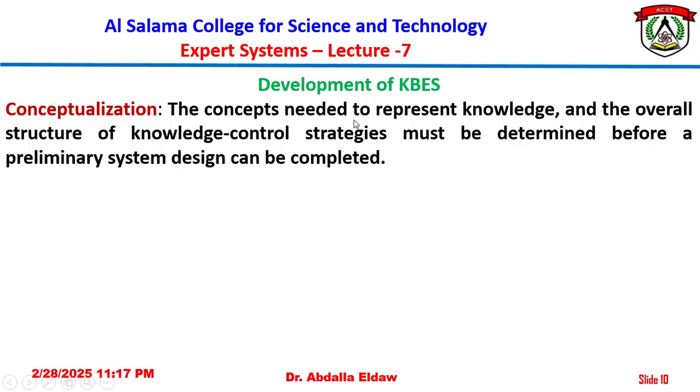For example, if we want to construct an expert system for cancer illness, we must define the concept of cancer, the type of cancer, the aim or the goals of this project or this system, the limitations of this system, the difficulties of this system, the challenges of this system. All this can be concepts and must be defined before we start designing the system.